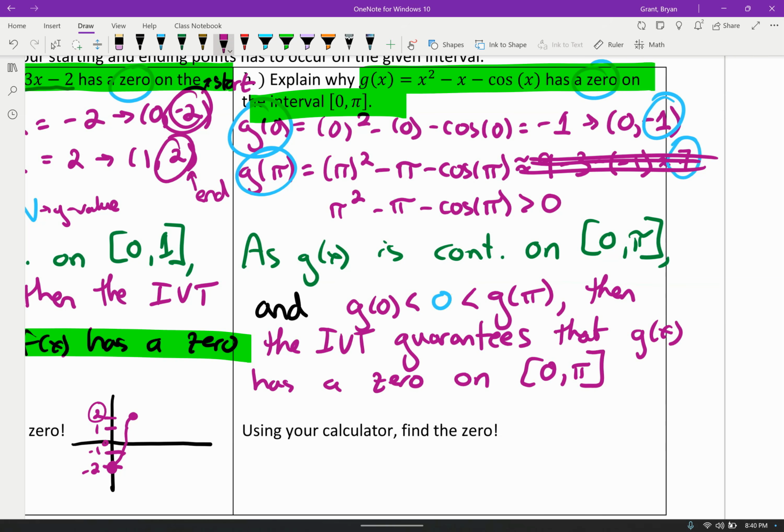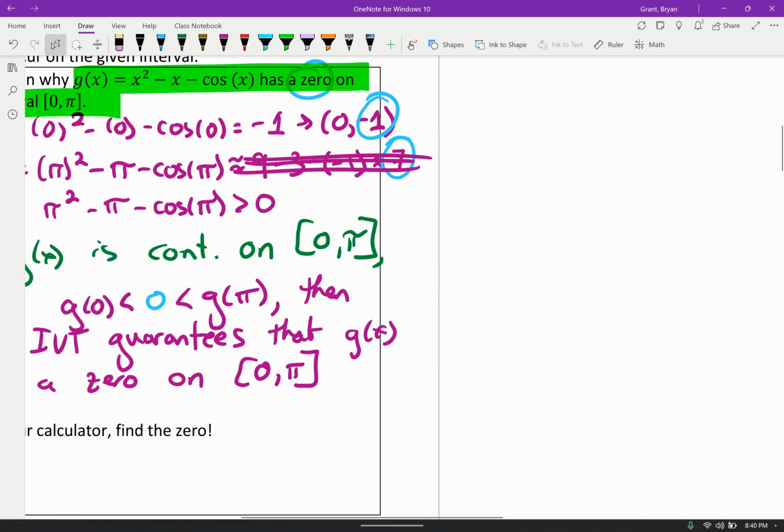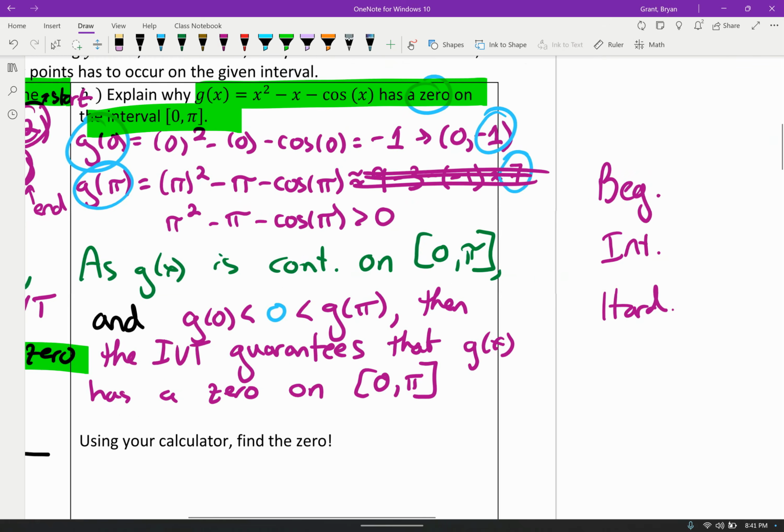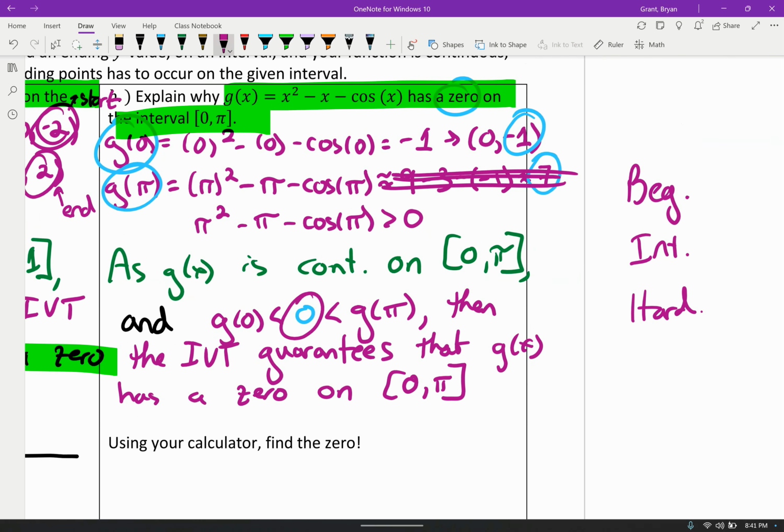What does intermediate mean? Well, think about a game, right? We have maybe skill settings on a game. You have beginning, intermediate, and hard, right? Intermediate just literally means in the middle. So the intermediate value theorem is you're trying to show that this value is intermediate to the values on either side. It is in between them.